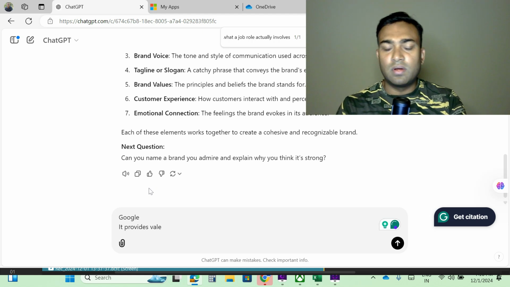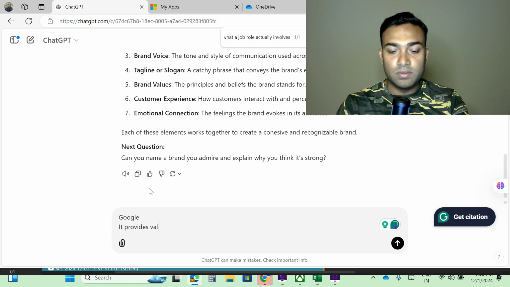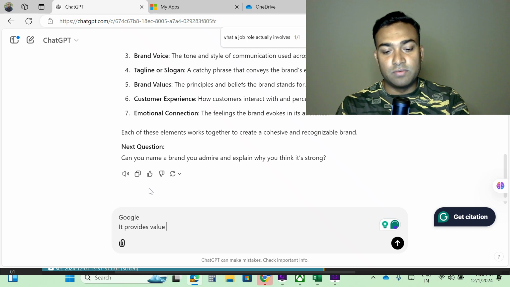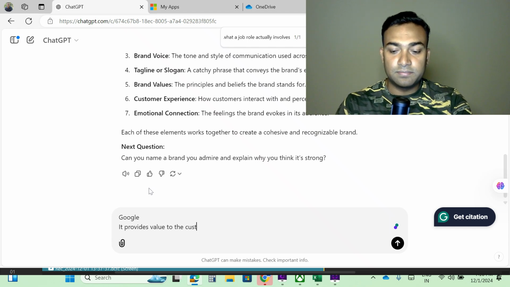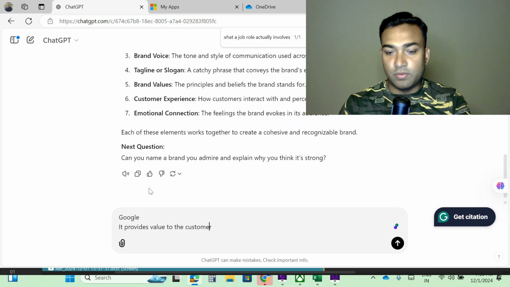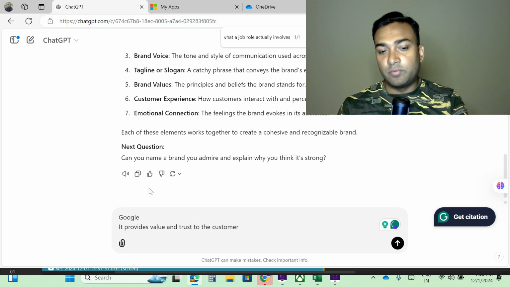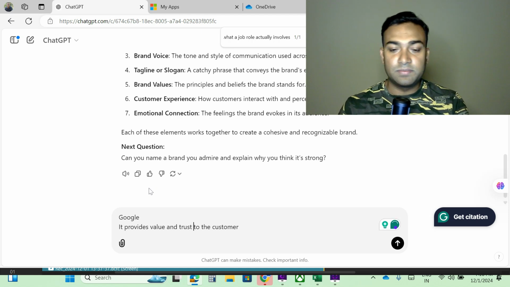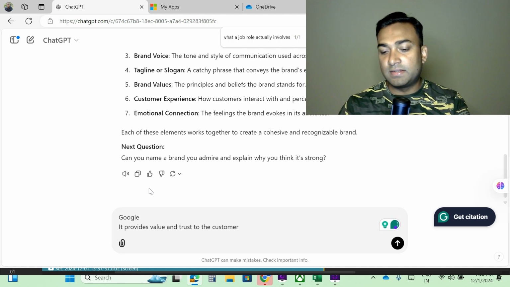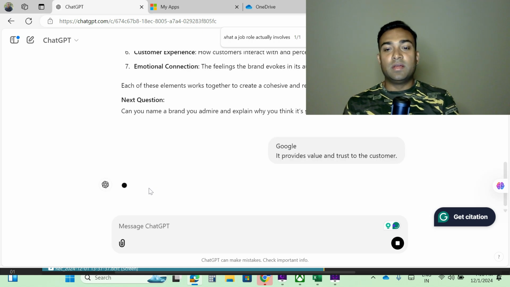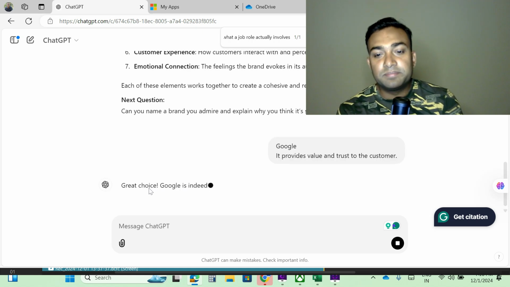Even Amazon also provides value to the customers. It provides not only value but also trust. It provides value and trust to the customers. Let's see how ChatGPT gives me a better answer.